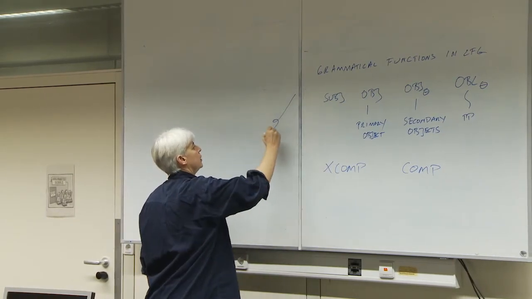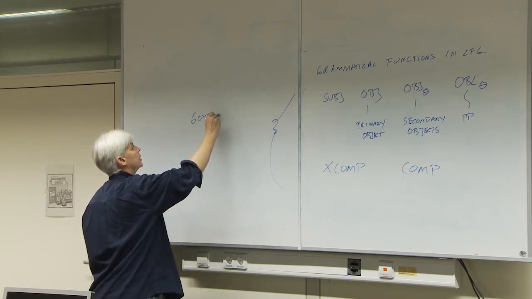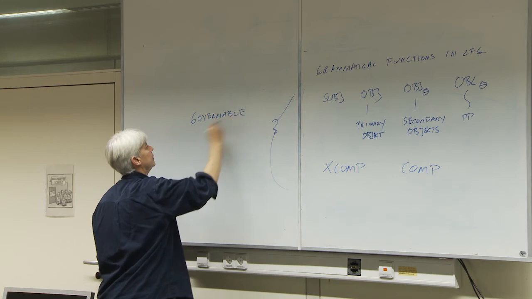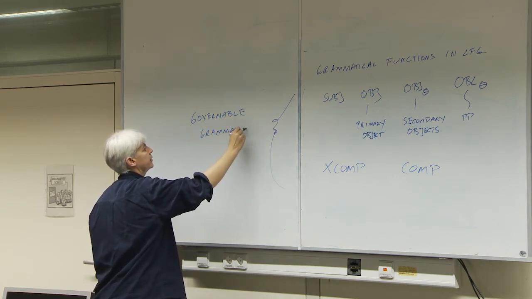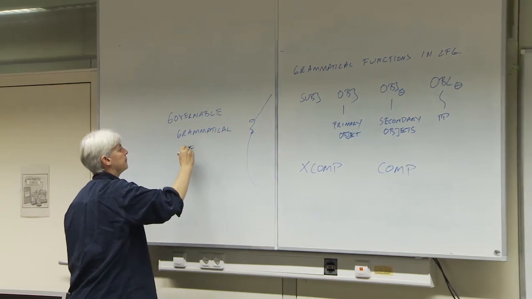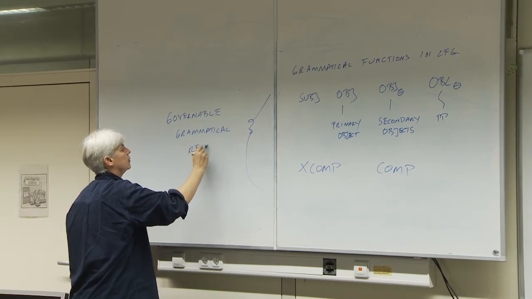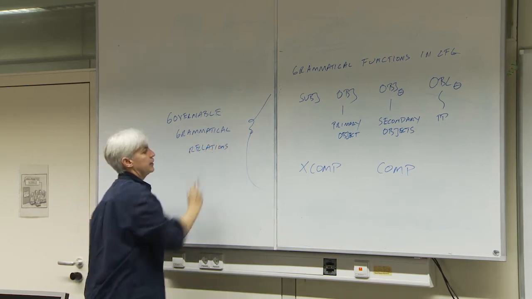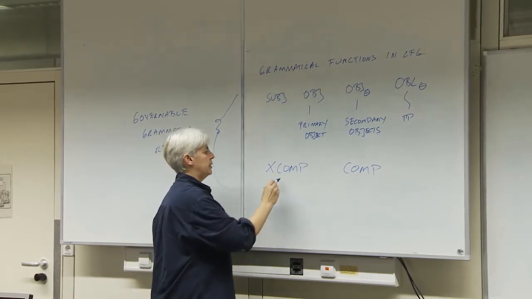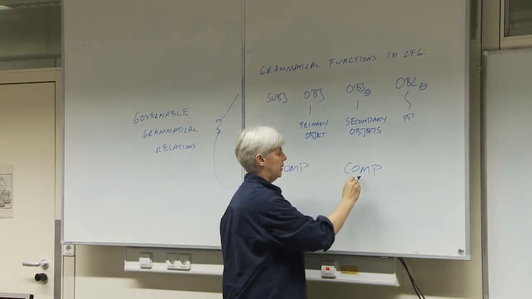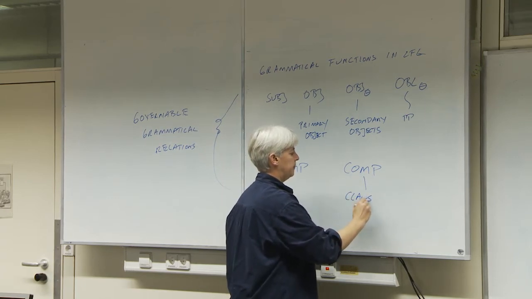And these are all called the governable grammatical relations or grammatical functions. And I'll explain that in a minute. So what is comp and ex-comp? Comp is, let's start with comp. This is generally a clausal argument.